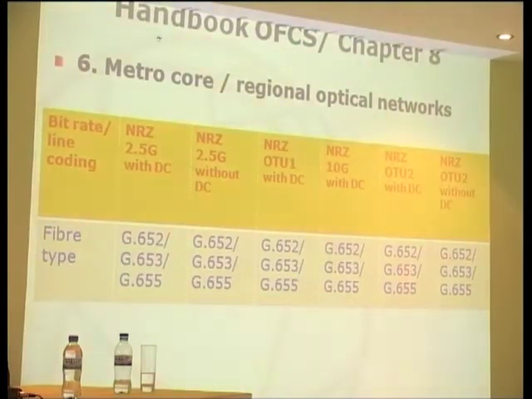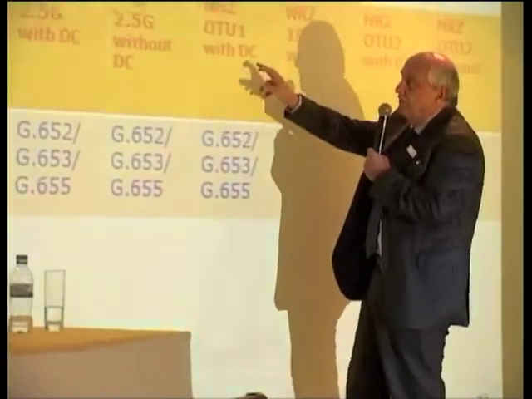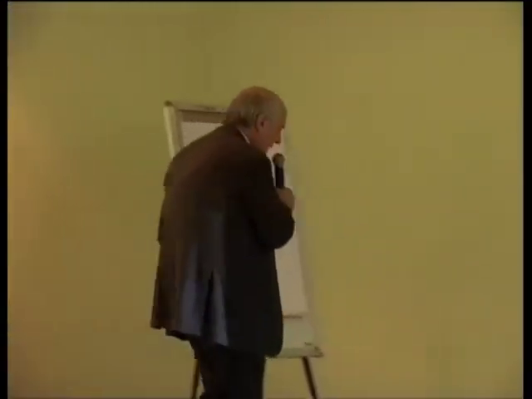SDH or OTU1. One of the first slides I showed you in the morning was the construction of the optical channel. In the construction of the optical channel, I take a 2.5 legacy SDH system, I put some overhead, and I get what is a OTU1, which really, instead of a 2.5, is 2.65 or 2.8.